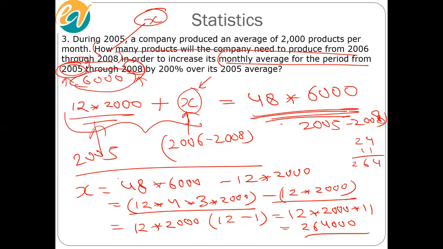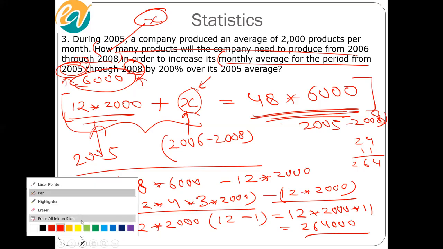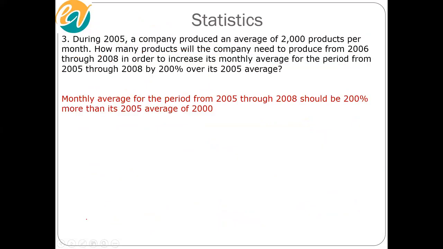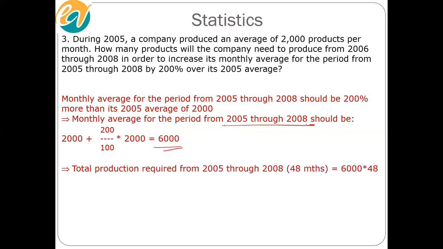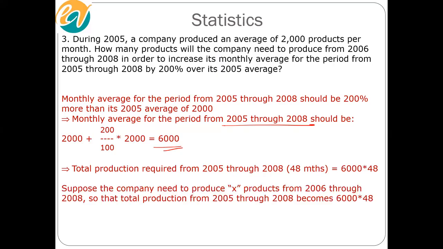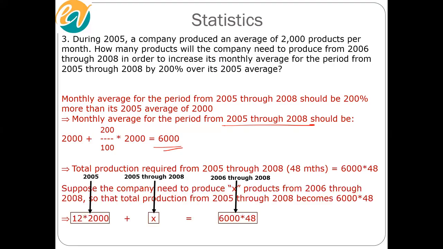Anyway, this is just calculation. The whole point is that this equation should be clear to you. This is the average that we want for the entire 4-year period, and this was the equation we ultimately constructed.